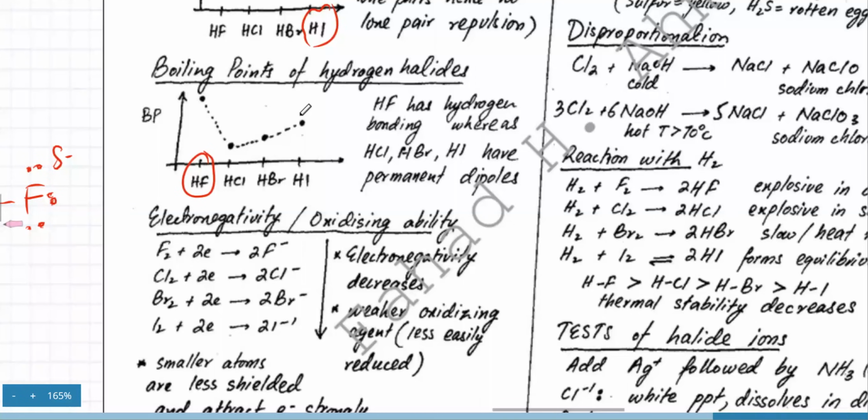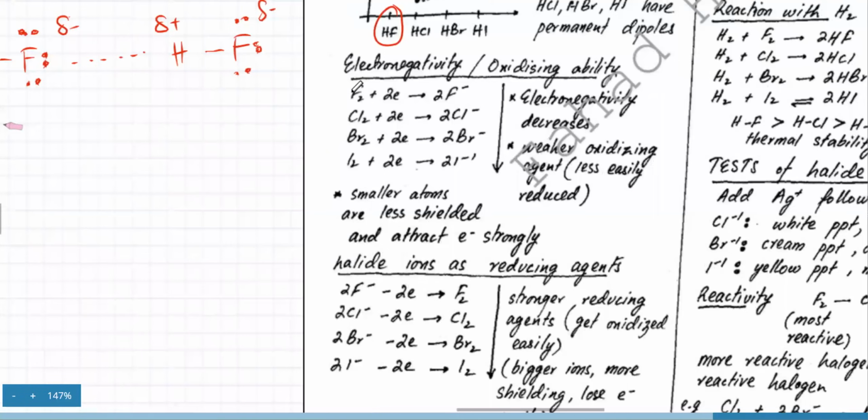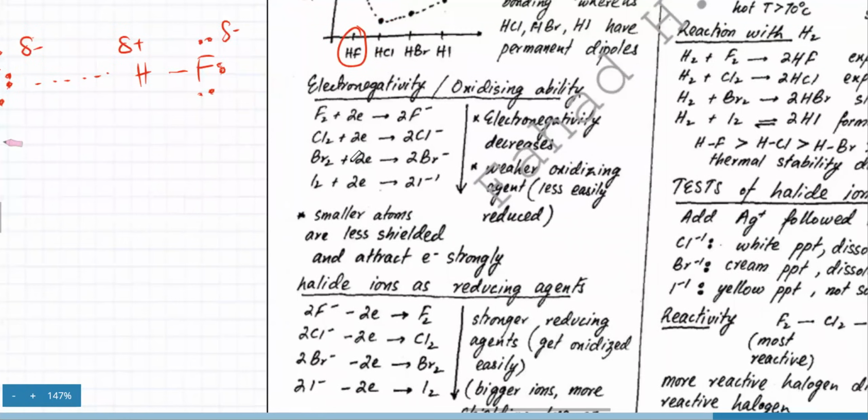Now coming to the electronegativity and the oxidizing ability, there are two things. One is if you look at fluorine, chlorine, bromine, and iodine, down the group electronegativity decreases, which means they don't like to gain electrons. Iodine doesn't like to gain electrons, and the reason for that is that iodine is too shielded. Its nucleus is already covered by so many electrons.